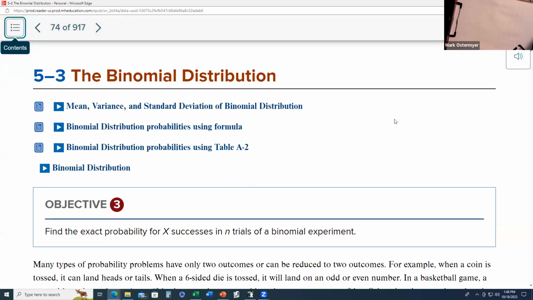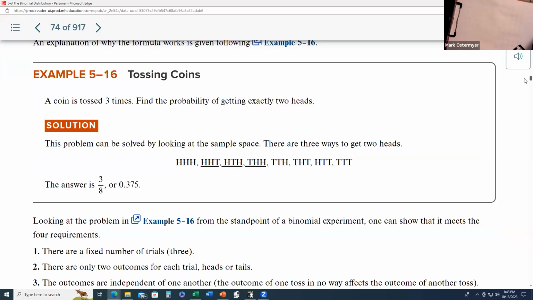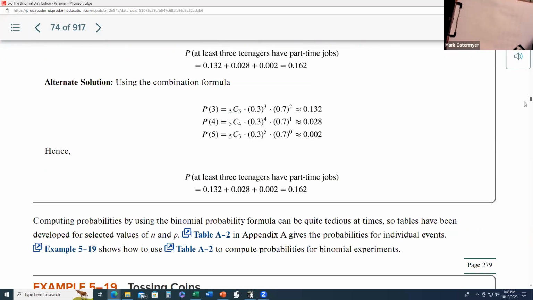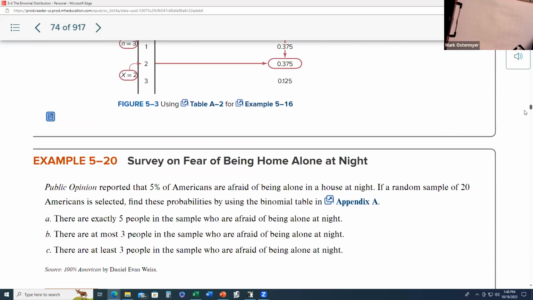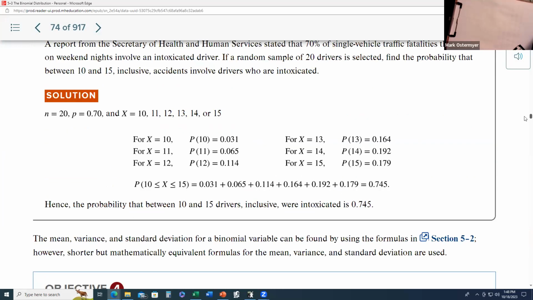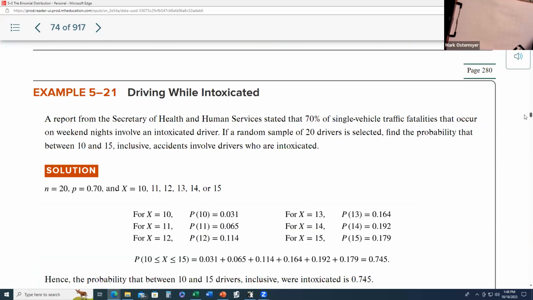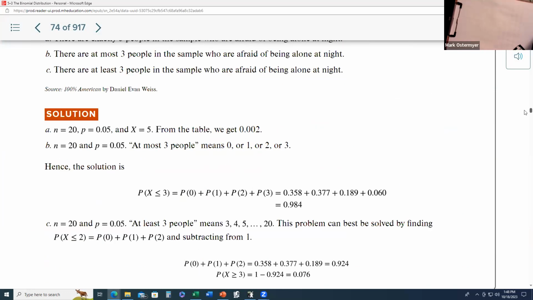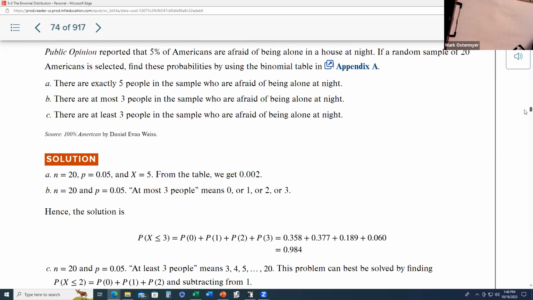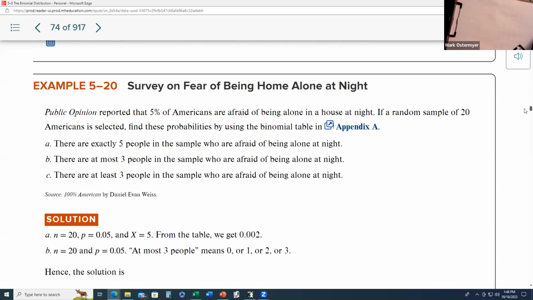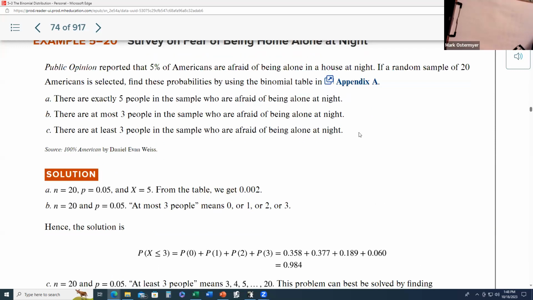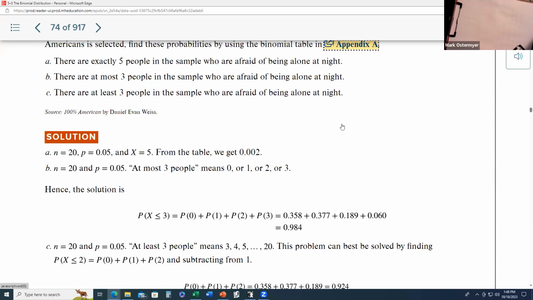That's what this section's entitled. As always, please do take some time outside of class to look down through these wonderful examples that your author does work out. I think that would be to your advantage here. Let's see. Hold on a second. I want to take a look at some of these things here. All right, here's an interesting one. Let's look at example 5-20 here.